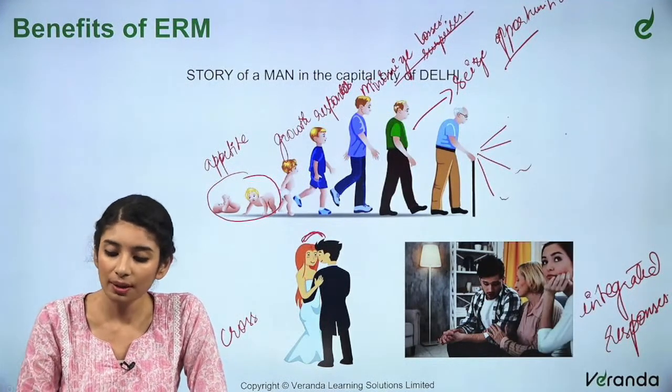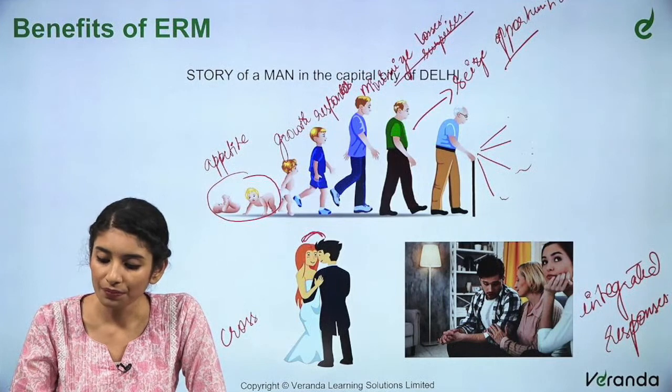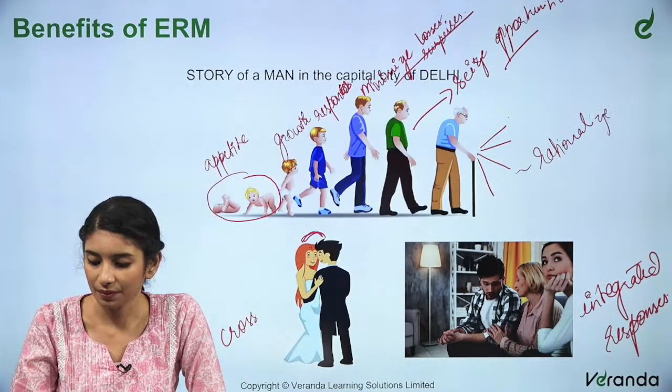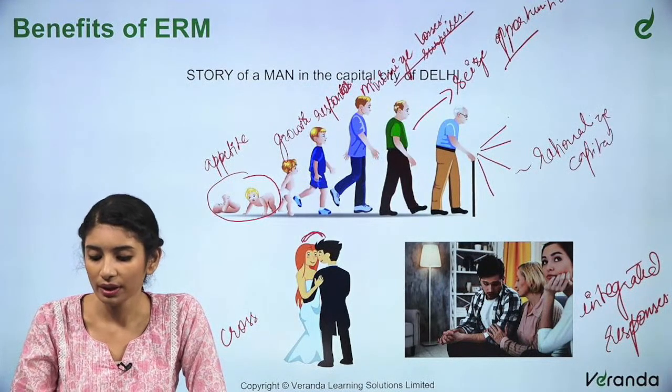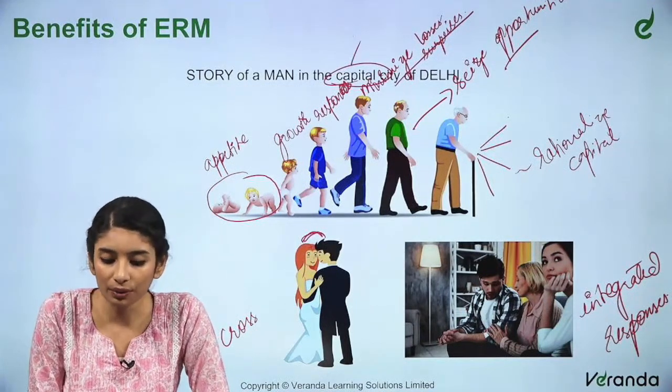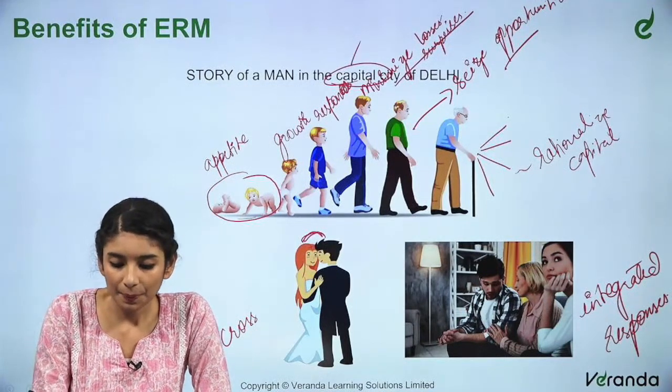So, he has put his money in good places. So, seize opportunities and capital. Rationalize capital. You can remember this with the capital city of Delhi, where capital means capital. Rationalize capital. So, now the point number 1 is appetite.